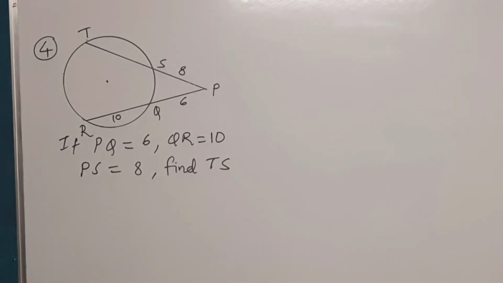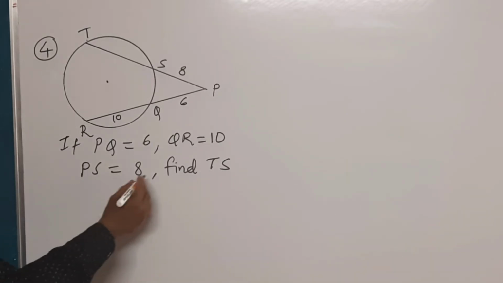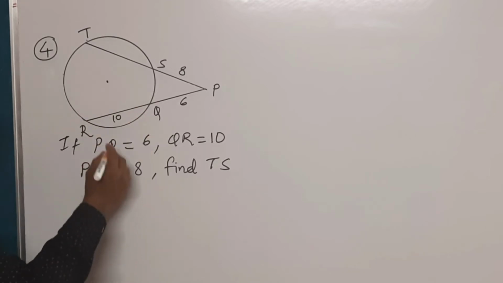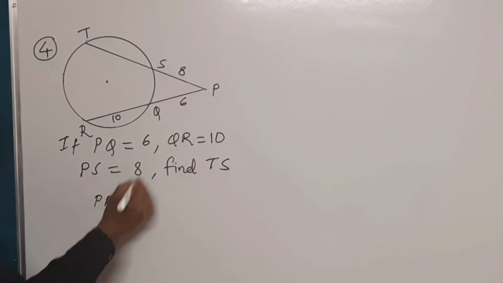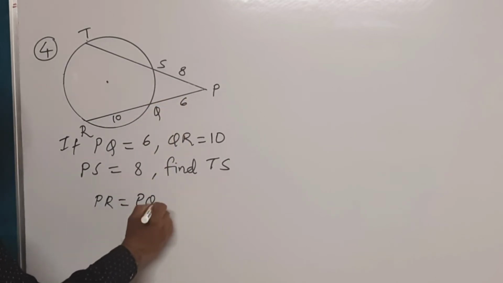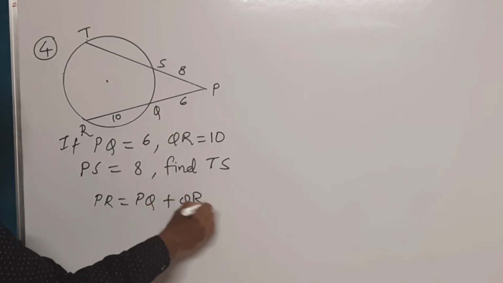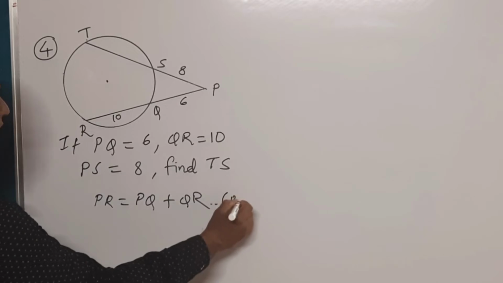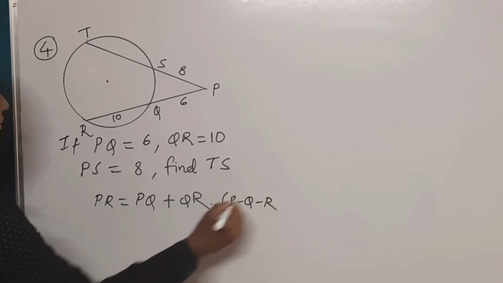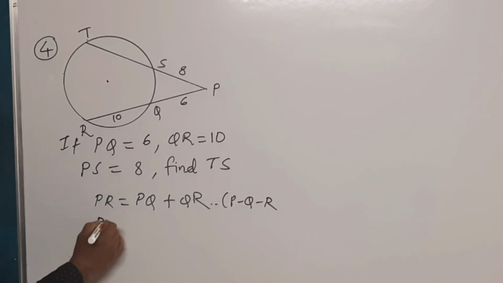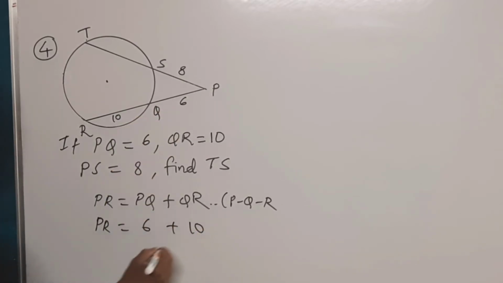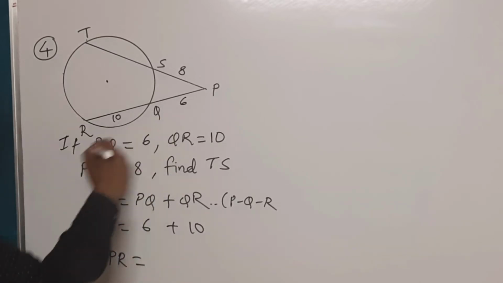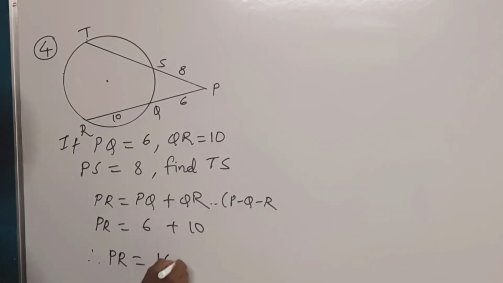So here, in the given figure, first PR is equal to PQ plus QR. So PR is equal to PQ 6 plus 10, therefore PR is equal to 6 plus 10, which is 16 units.